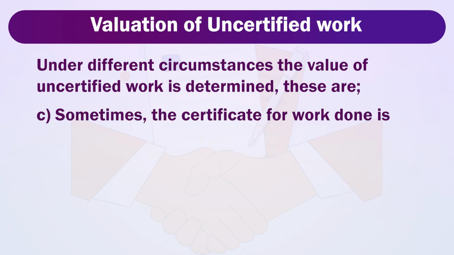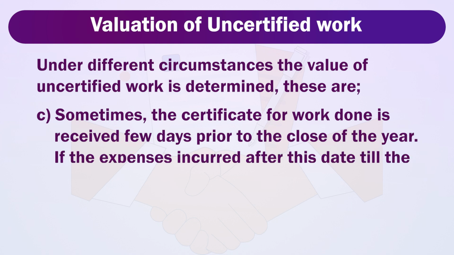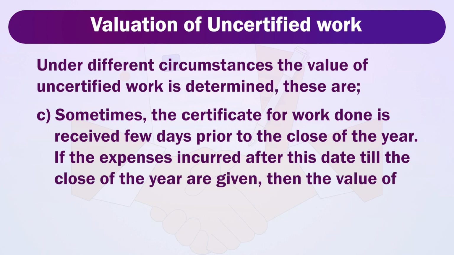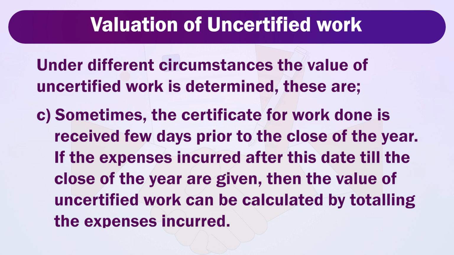Third, sometimes the certificate for work done is received a few days prior to the close of the year. If expenses incurred after this date till the close of the year are given, then the value of uncertified work can be calculated by totaling the expenses incurred.